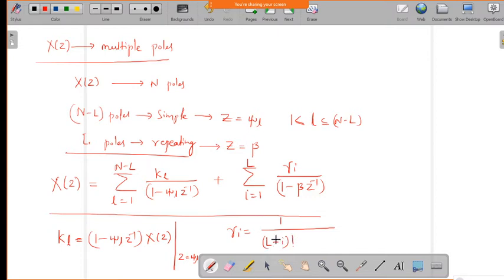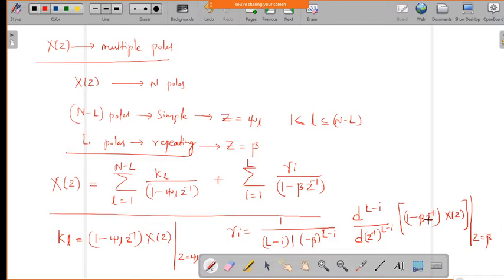Since there are l repeating poles, you have to take the factorial of that, and minus beta to the power l minus i, into d to the l minus i divided by d z inverse to the l minus i, of 1 minus beta z inverse to the power l times x of z, evaluated at z equal to beta.